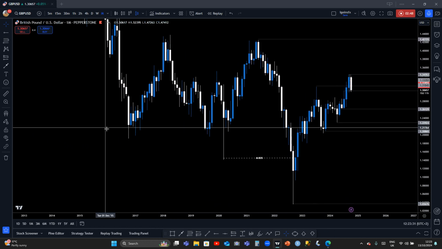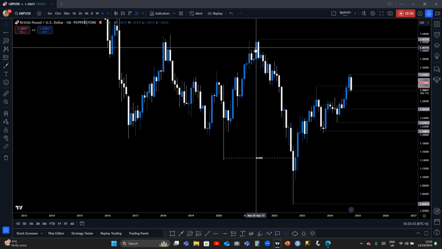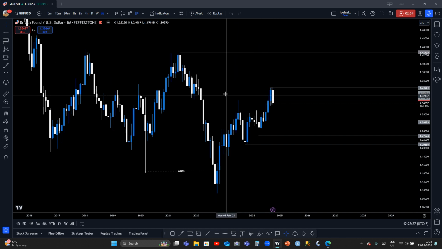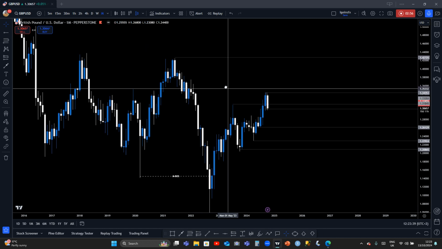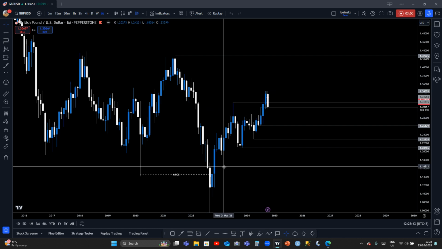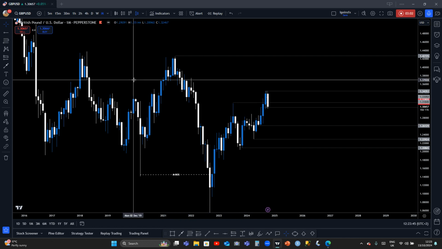After this break of structure, you see there was a pullback. This break of structure, there is a pullback. That we have established, we are completely in a downtrend, even though there's a pullback here.